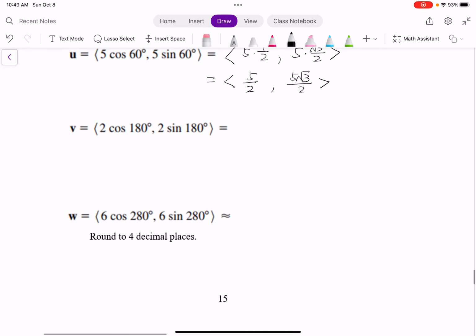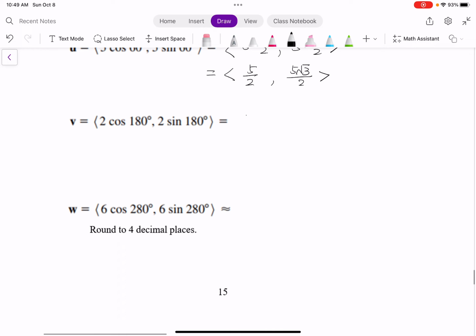How about the next one? The vector v equals 2 times cosine 180, comma 2 sine 180 degrees. Where is 180? Okay, it's here. We talked about this before.